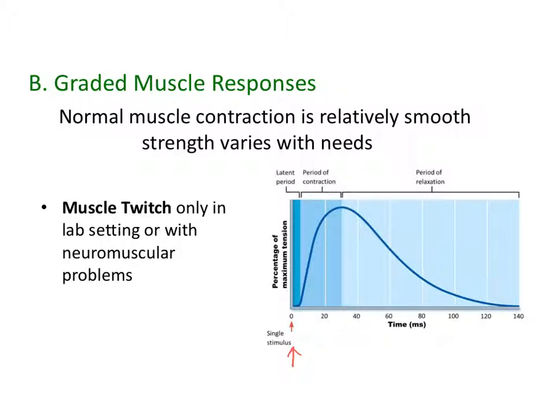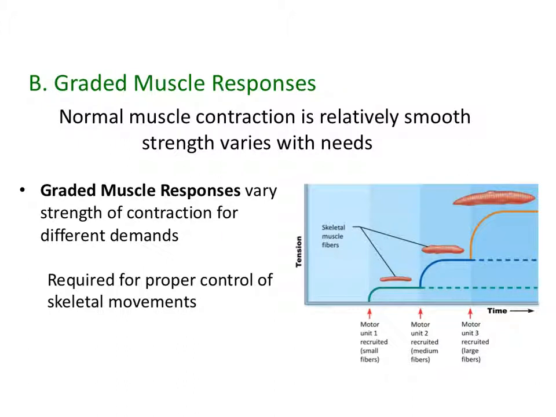This is also illustrated by the fact that when our muscles contract, we have a fairly smooth increase and then decrease of muscle tension across the muscles. So we need to understand how that happens. Graded muscle responses are required for normal human activity.